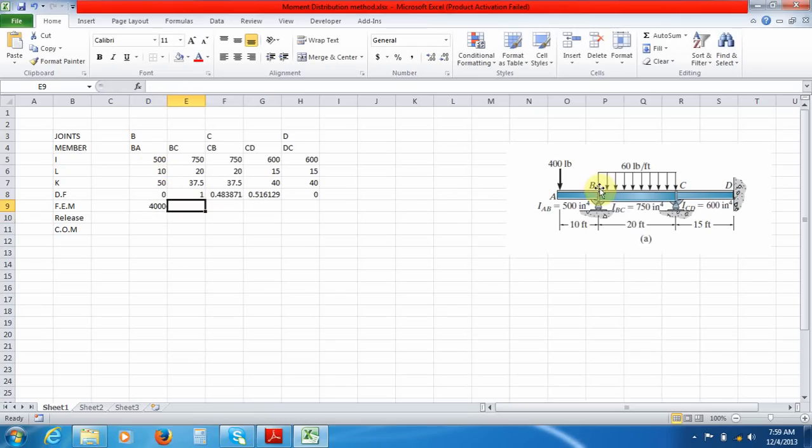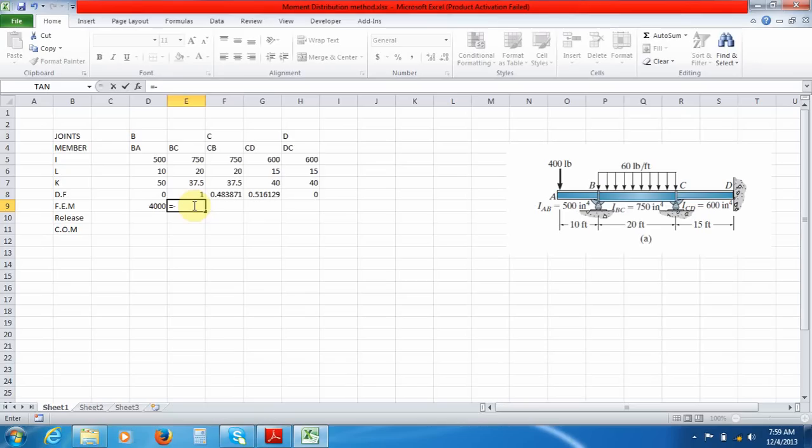Now coming towards members BC and CB, on which a 60 pounds per foot load is applied uniformly distributed. So here the main thing is sign convention. We take a negative sign for member BC because when the load is applied, it will try to rotate it in a clockwise direction. So for clockwise we assume negative, and for anti-clockwise direction we assume positive.